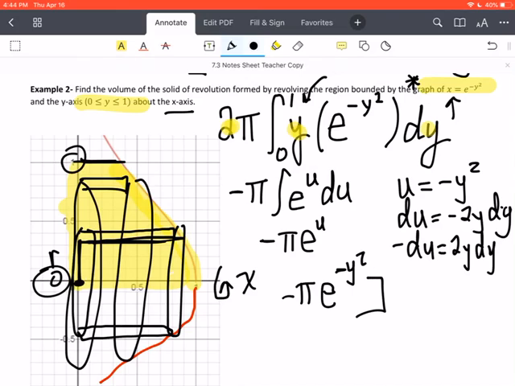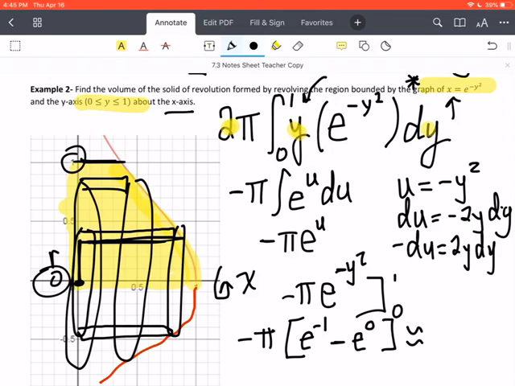So then I'm going to integrate this from 0 to 1, and you need to be careful because when you plug in 0, it's not 0. So I'm going to think about negative pi times, taking that constant out front, e to the negative 1 squared, minus e to the negative 0 squared. And when you use your calculator to evaluate that, there's no way around anything but an approximate answer.